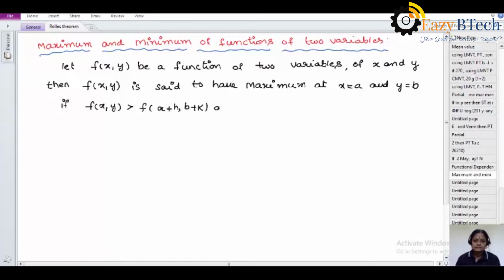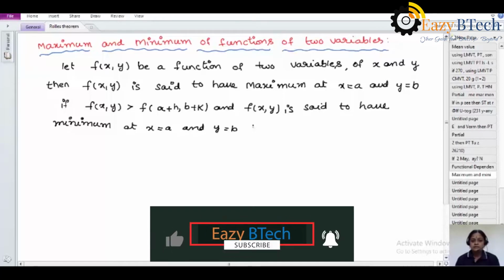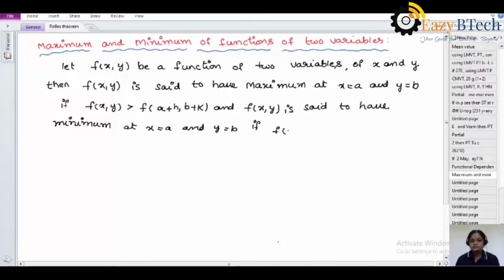And f of x comma y is said to have minimum at x is equal to a and y is equal to b if f of x comma y is less than f of a plus h comma b plus k.